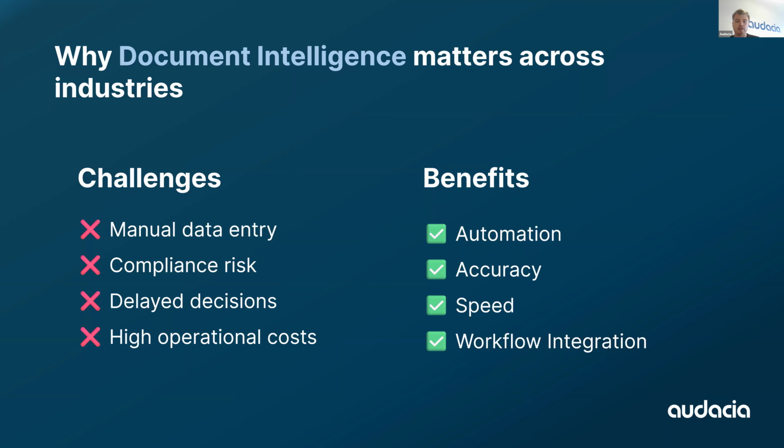So those are some of the challenges that we might want to tackle with implementing document intelligence. Moving on to some of the benefits. The first benefit I'm going to go through is automation. I'll provide some stats within specific industries, but a lot of the manual processing of data can be automated.